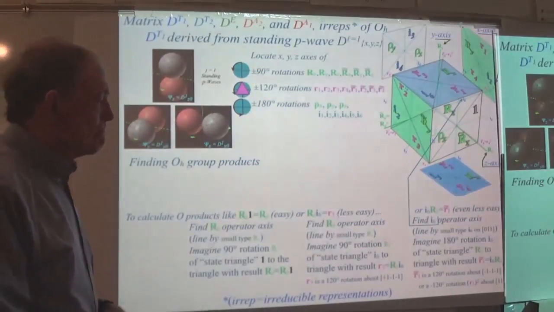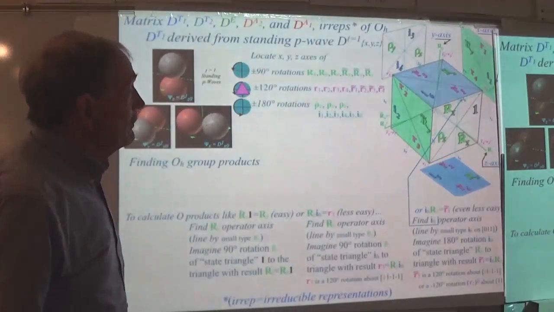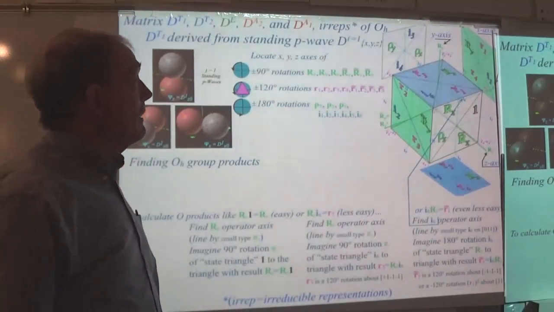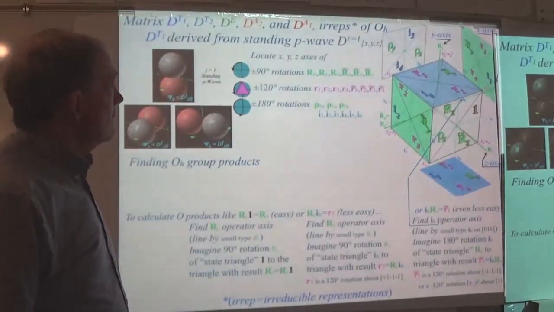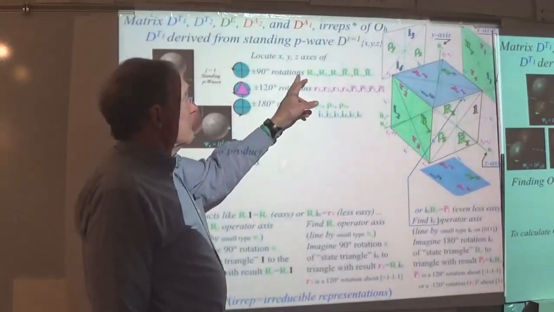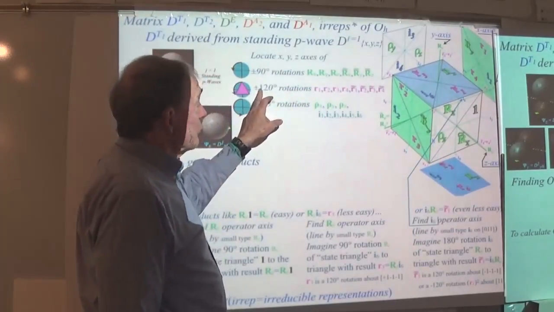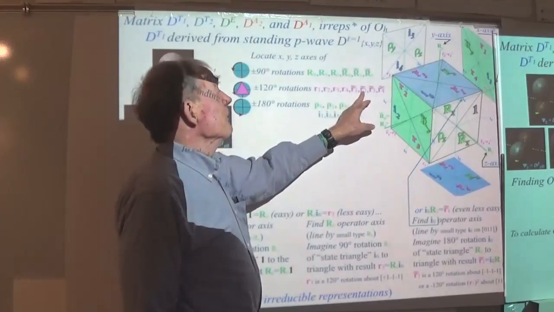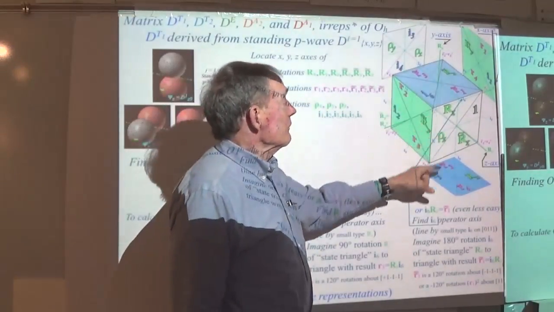All right. Now this is something we would do whether we're doing top down or bottom up, but I would say this is very much a combination of those two. We're going to have 90 degree rotations, x, y, and z, and their inverses. We're going to have 120 degree rotations and their inverses. So there are 8 of those, and that corresponds to the 8 corners of the cube.